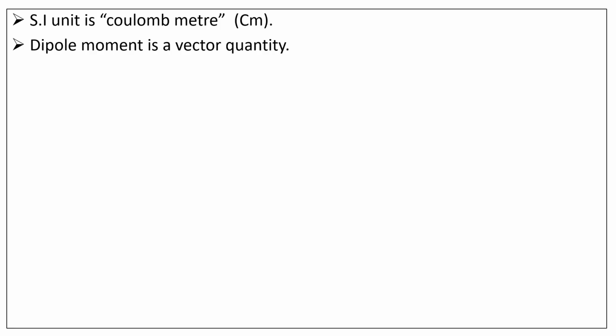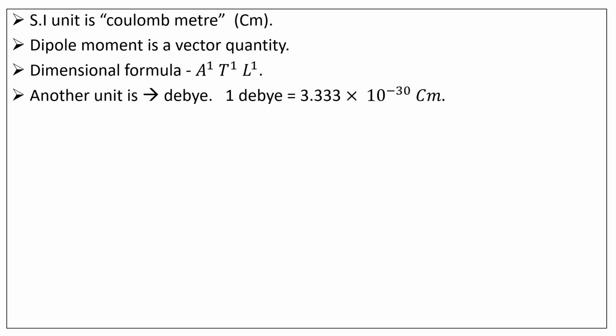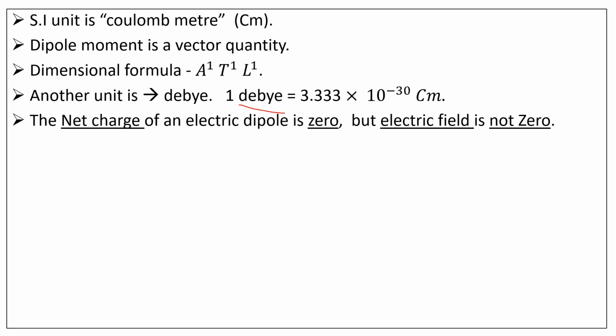Dipole moment is a vector quantity. Dimensional formula, A power 1, T power 1, L power 1. Another unit is debye. 1 debye is equal to 3.33 into 10 to the power minus 30 coulomb-meter. The net charge of an electric dipole is zero, but the electric field is not zero.